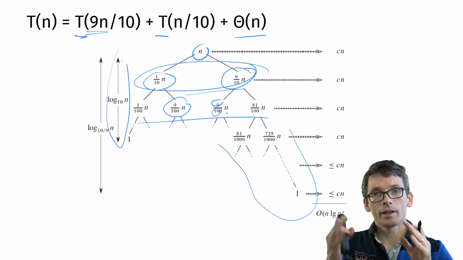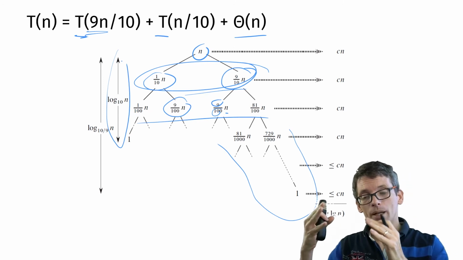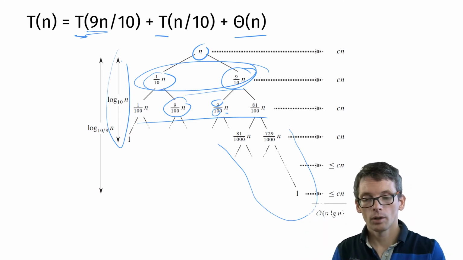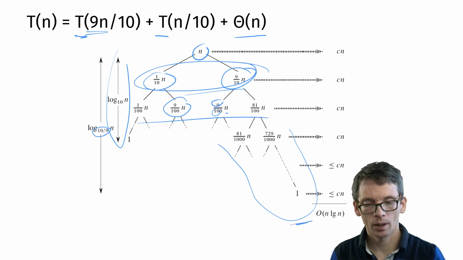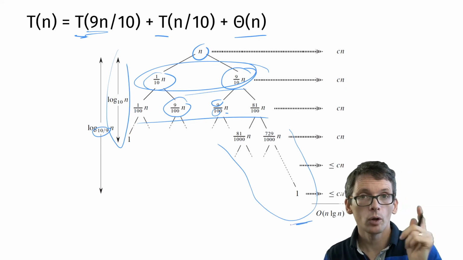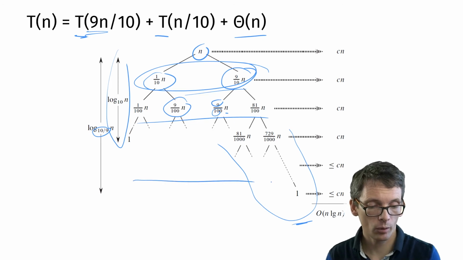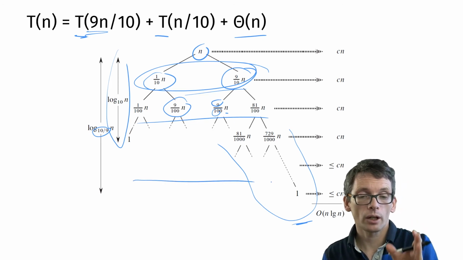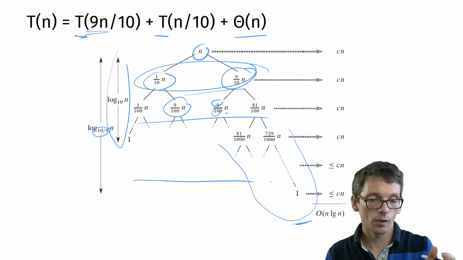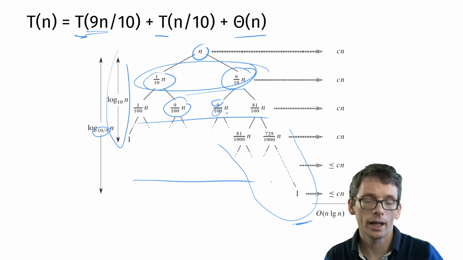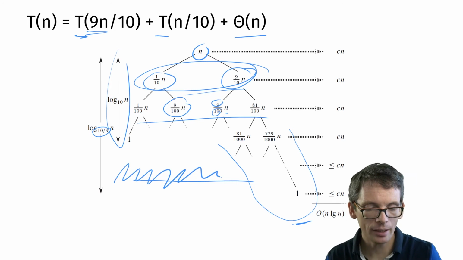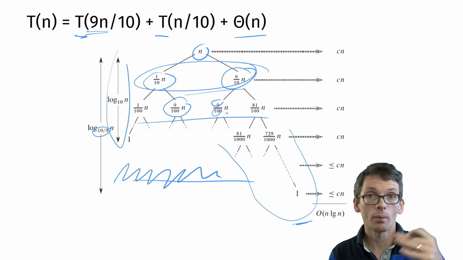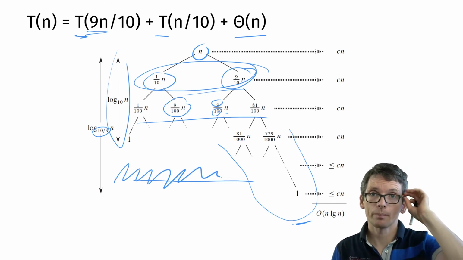So the depth varies between log n base 10 and log n base 10/9. But no matter, on those lower levels we can always bound the sum on that level by n. There will be parts missing here, so it might be less, but it's still not more than n.